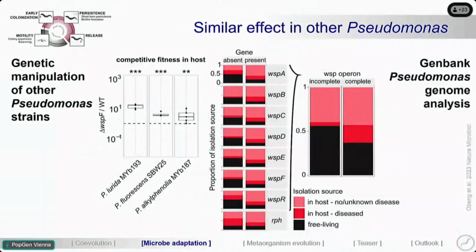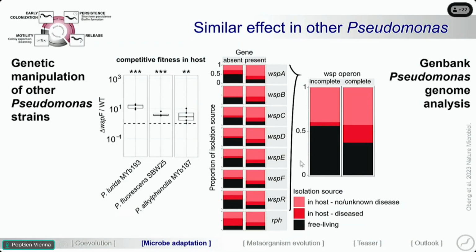And to further generalize this finding, we looked at complete genome sequences available in GenBank databases for all Pseudomonas species and looked for the presence of this Wsp operon that is important for the regulation of cyclic di-GMP activity, and to what extent the presence of this operon or of single genes of this operon is linked to metadata highlighting that they are living in association with a host.